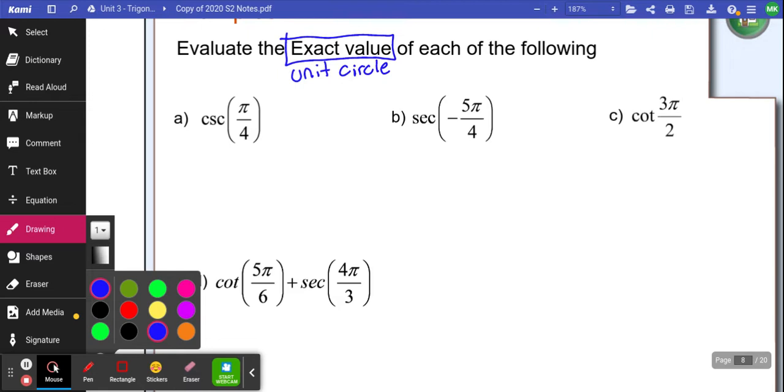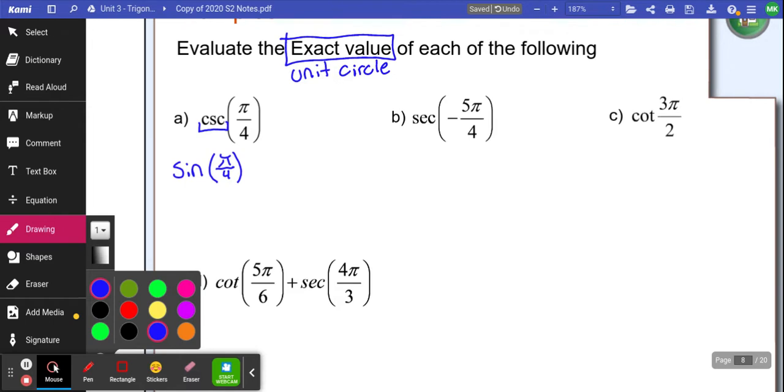Perfect. Looking at this, cosecant. What's cosecant the opposite of? It's the opposite of sine. So what we're going to do is we're going to figure out what sine is at pi over 4 and then reciprocate it.